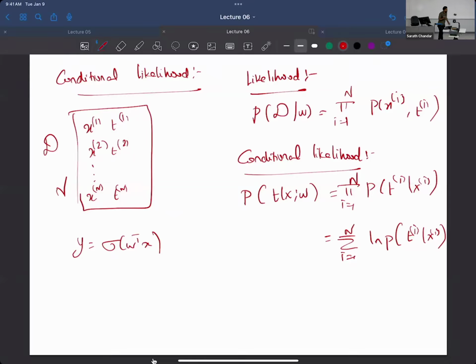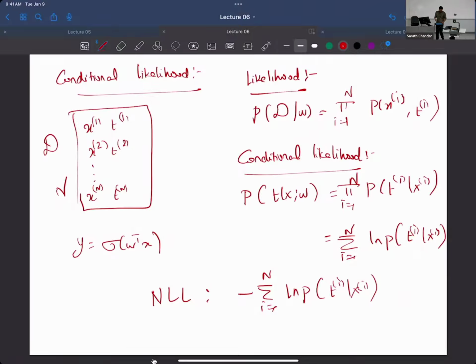Instead of maximizing the conditional log likelihood, traditionally we always do gradient descent, so I'm going to put a minus before this and minimize the negative log likelihood. It is the same as maximizing the log likelihood. So I'm going to minimize NLL, the negative log likelihood, which is minus summation i equal to 1 to capital N ln P of Ti given xi. Is that clear? Any questions?